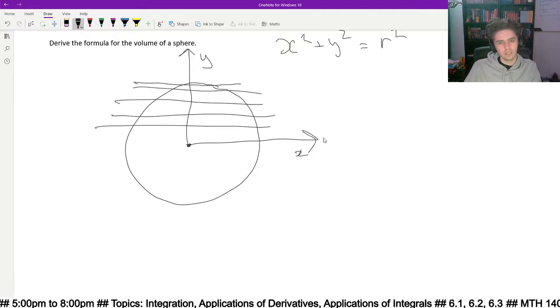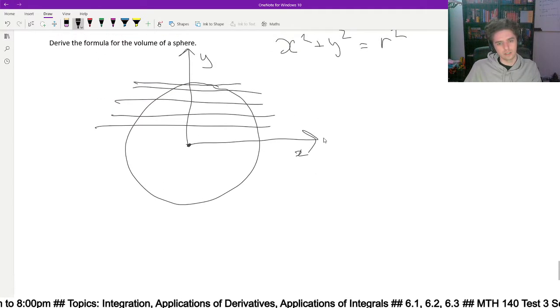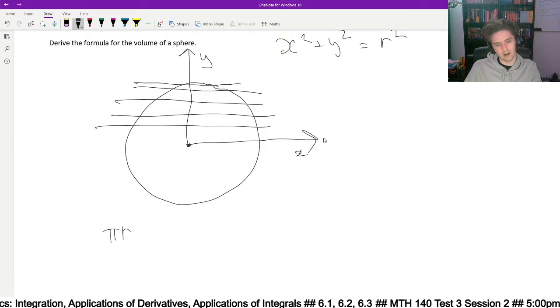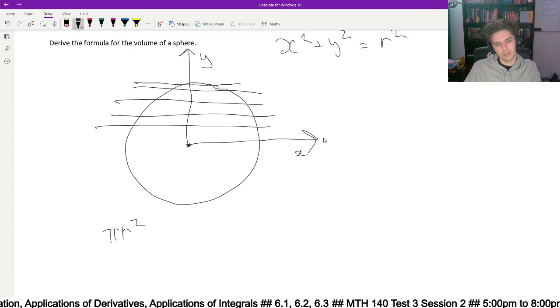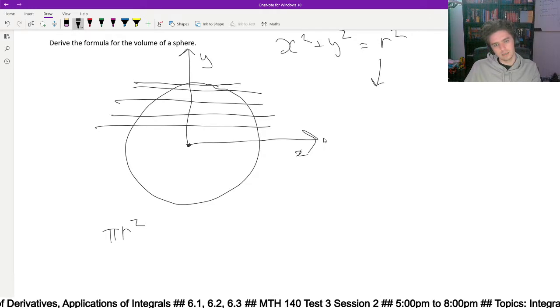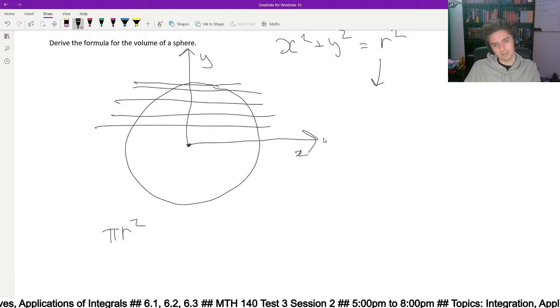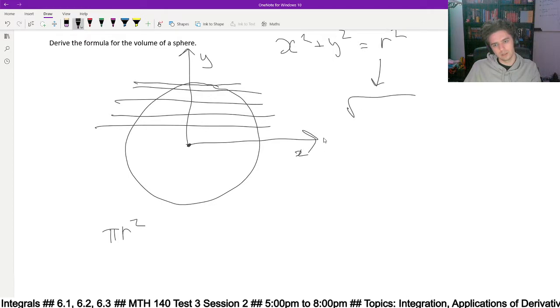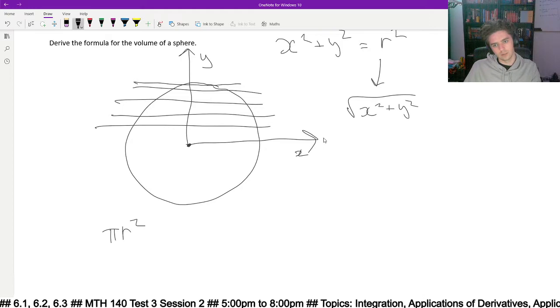So the area of the circle of each of those cross sections is pi r squared, right? And the radius at that point, we can define it like this: the radius is going to be the square root of x squared plus y squared equals r.